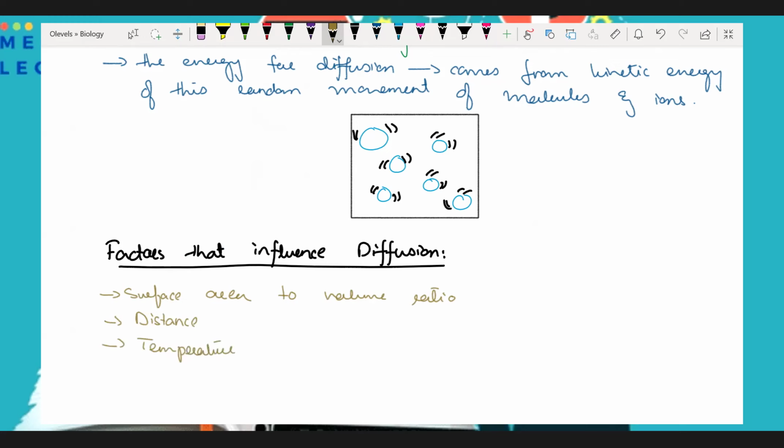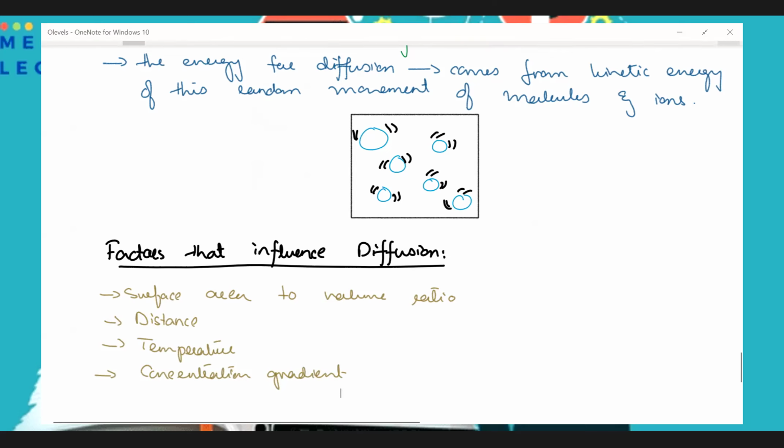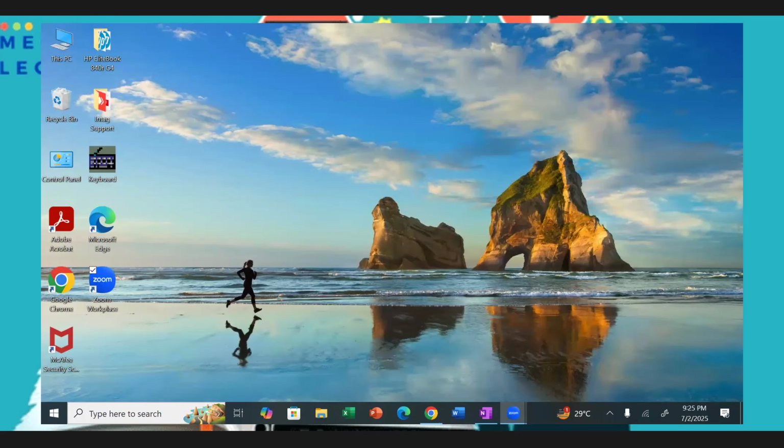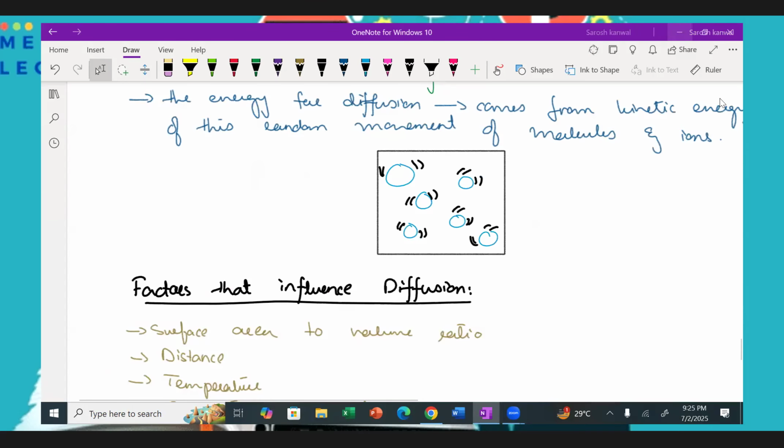And the last one is the concentration gradient. Right? So these are the four factors that influence the diffusion of particles. Is that clear? Yes, ma'am. Now we have to see them step by step.